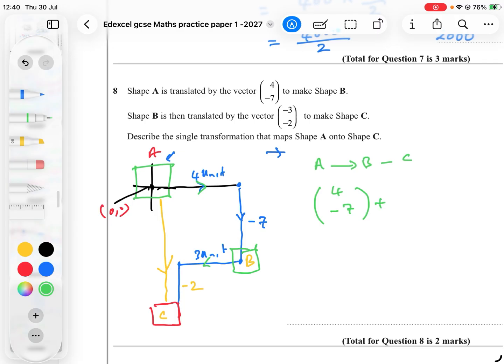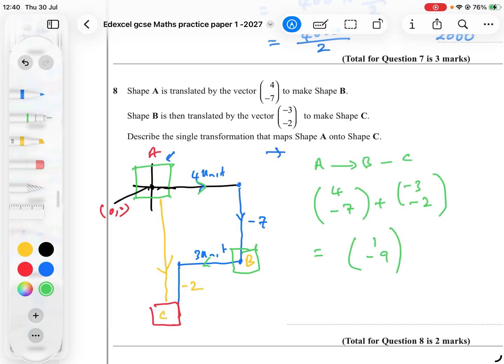B to C is (-3, -2). When you add them, 4 take away 3 is 1, and minus 7 plus minus 2 is minus 9.